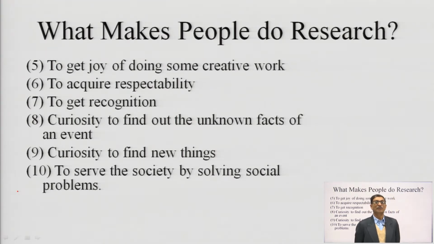And the last is to serve society by solving social problems. Some people are interested in helping social people, so they find their problems and solve these problems with the help of research.